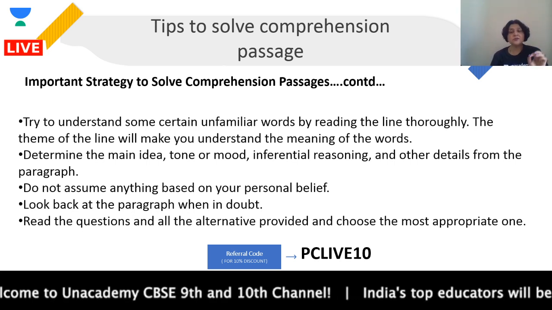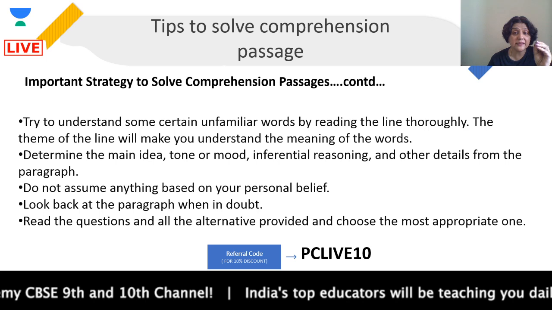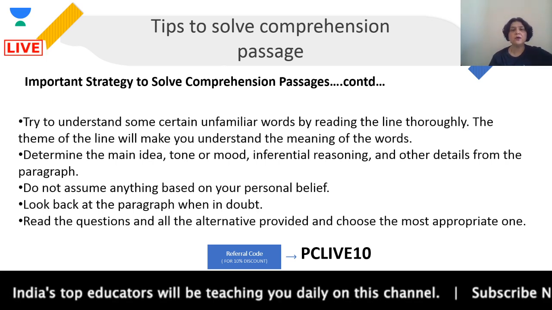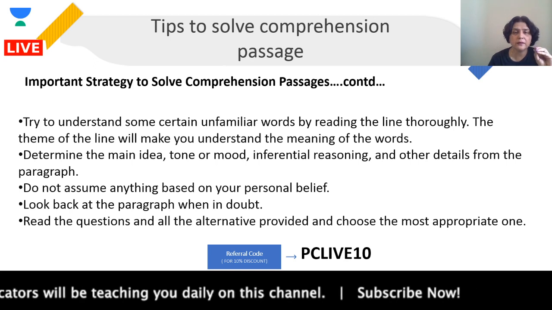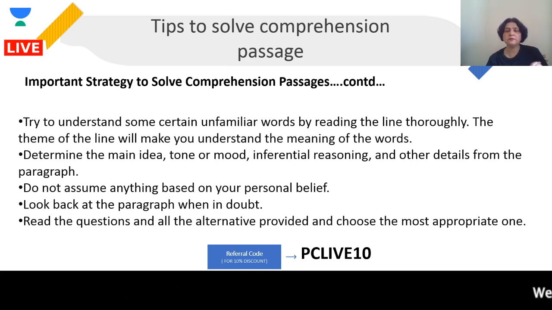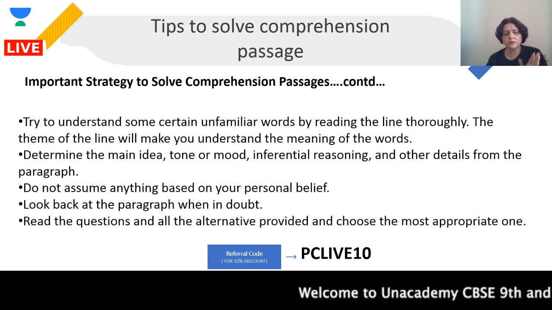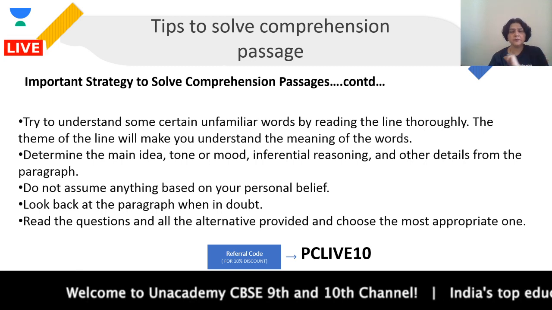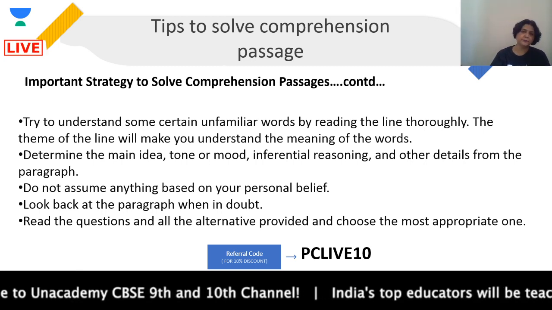And my dear students, it's my advice, since this is the most scoring part, do not be in a hurry or under any false notion or assumption so that you end up solving something incorrectly. Now comes the choosing of the closest option for the comprehension passage. Now how do we do it?